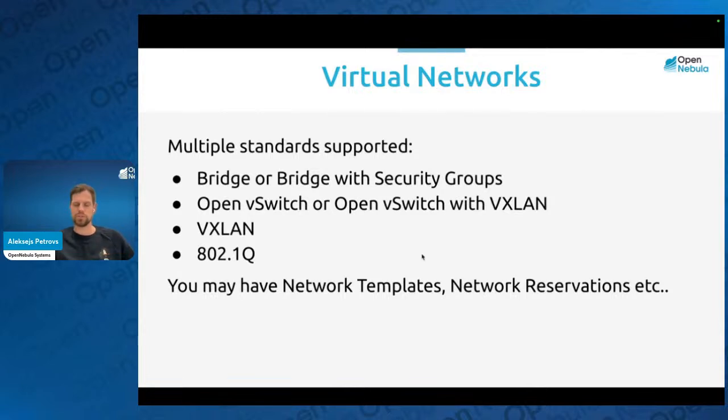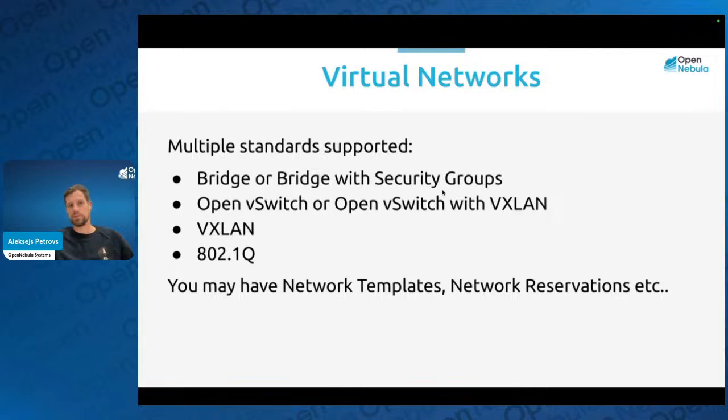A security group is a tool that can limit or filter traffic to reach certain virtual machines or certain destinations. So instead of controlling this traffic using the operating system of your virtual machine, so the firewall of your virtual machine, you can control it using OpenNebula.